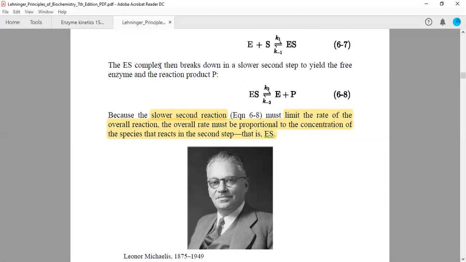This breakdown is the slower second step, yielding the free enzyme and the reaction product P. Because the slower second reaction must limit the rate of the overall reaction, the overall rate must be proportional to the concentration of the species that reacts in the second step, that is, the enzyme substrate complex itself.